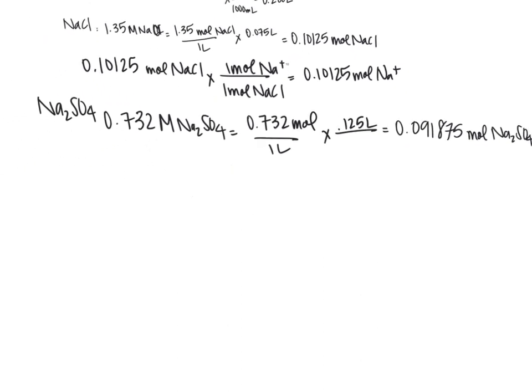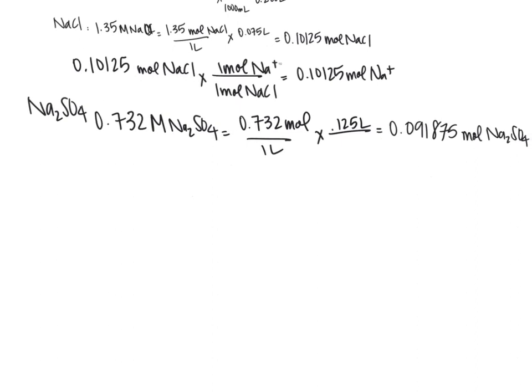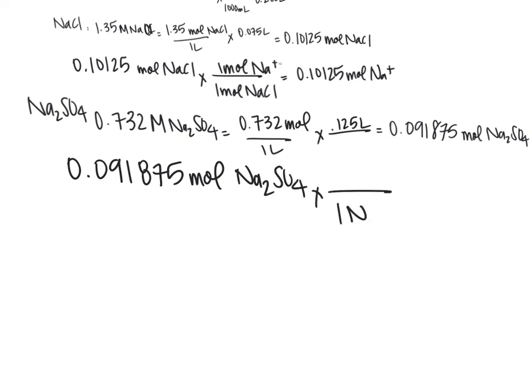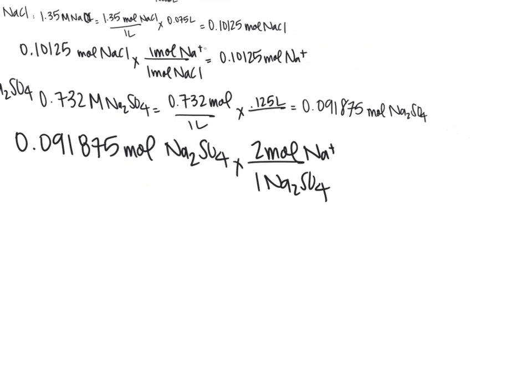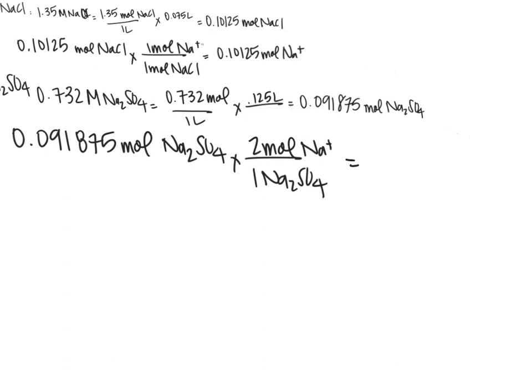Now we need to figure out the number of sodium ions in this number of moles. For every 1 sodium sulfate, there are 2 moles of Na+, and that gives us 0.18375 moles of Na+.